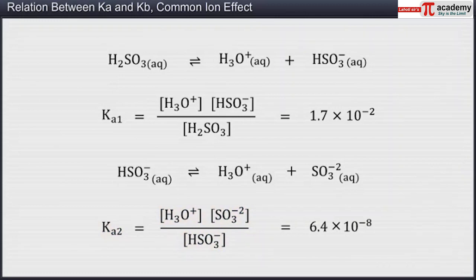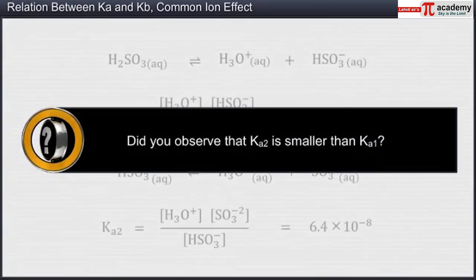The experimental value for this dissociation is equal to 6.4 multiplied by 10 to the power of minus 8. Did you observe that Ka2 is smaller than Ka1?